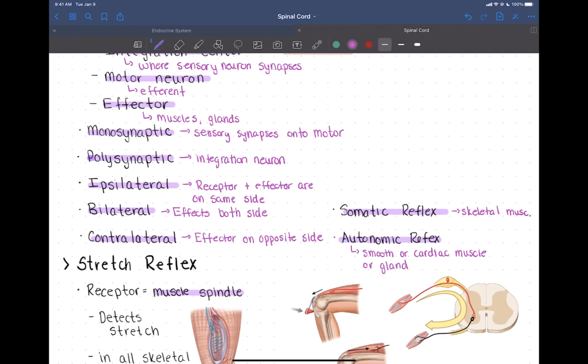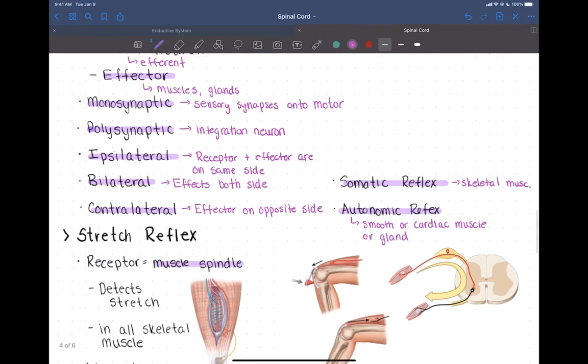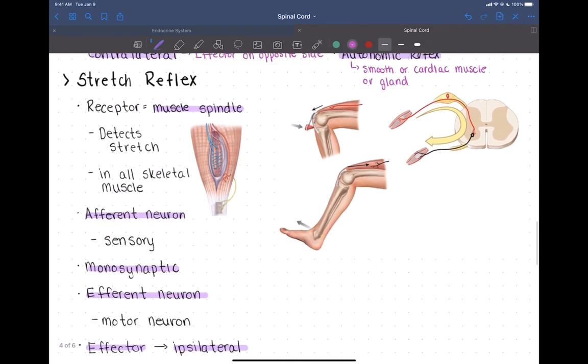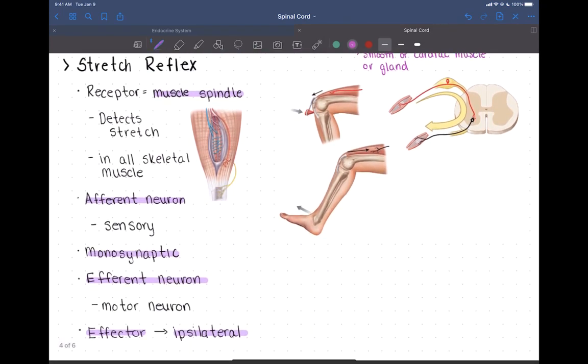So let's talk about our specific examples and types of reflexes and how they work. The first one we're going to talk about is called the stretch reflex. This stretch reflex occurs in response to stretch, and I want you to think of it as a protective reflex.